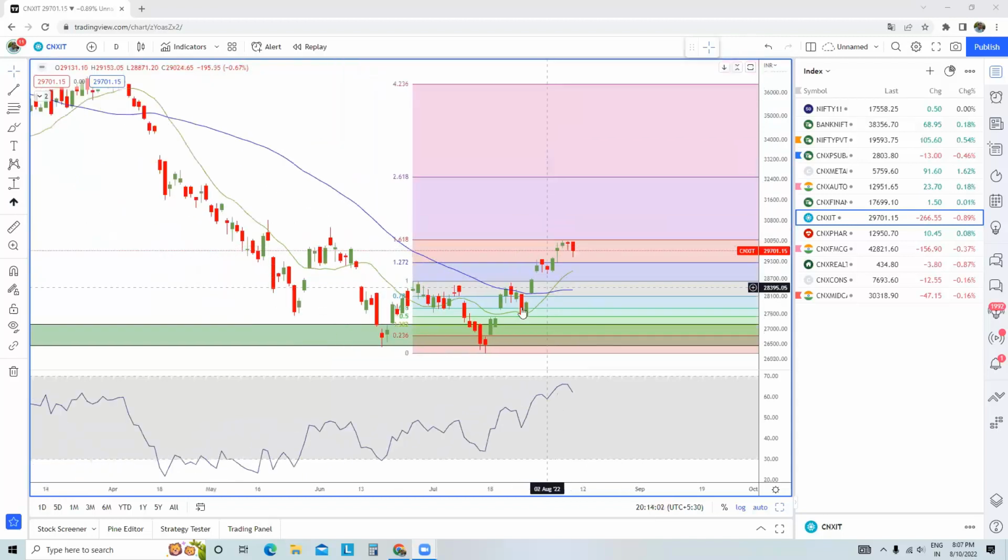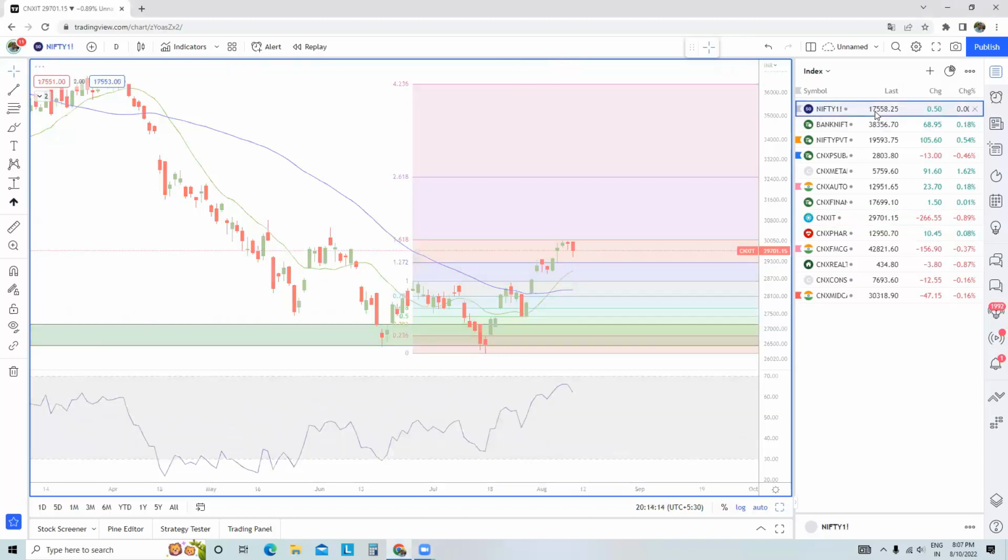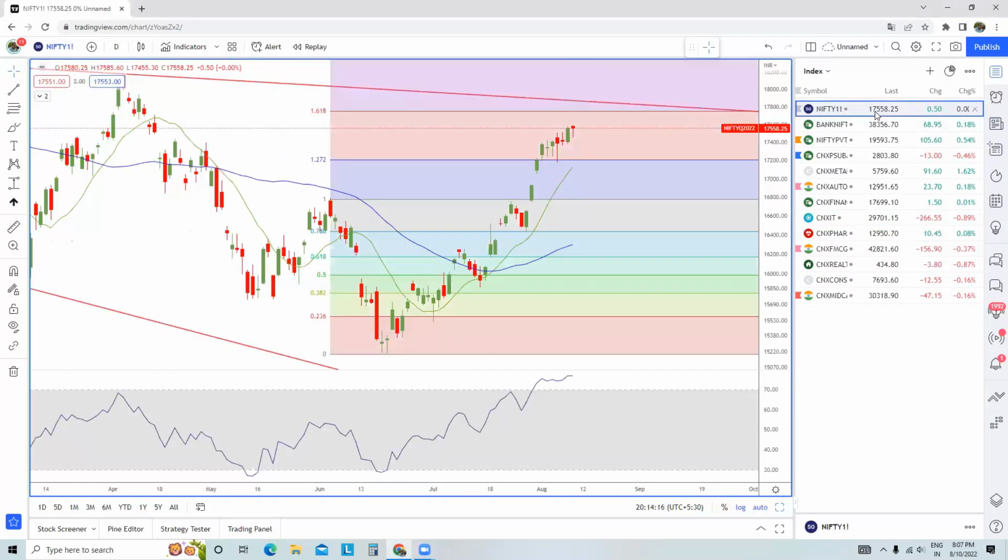And I also believe that this particular rally has occurred on low volatility, which is a very good sign. So now we'll have to wait and watch how markets pan out ahead. Overall trend stays up, but try to find sectors and stocks where you get good risk reward, because we are already inching very near to important resistance in Nifty futures.